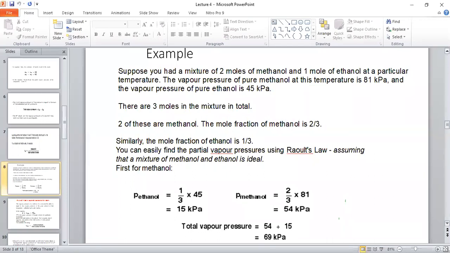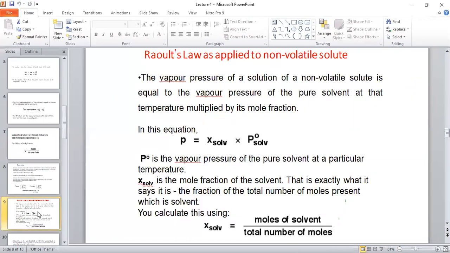vapor pressure. So I believe you now know the difference between the partial vapor pressure and total vapor pressure. So now we're looking at Raoult's law as applied to non-volatile solutes.